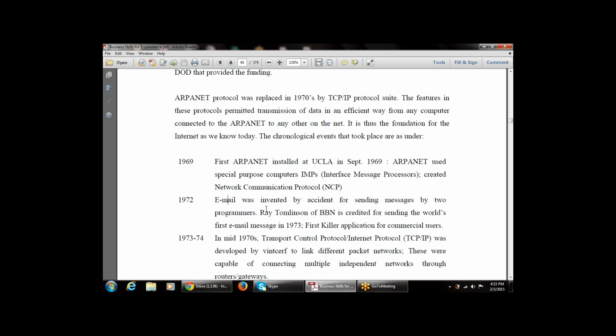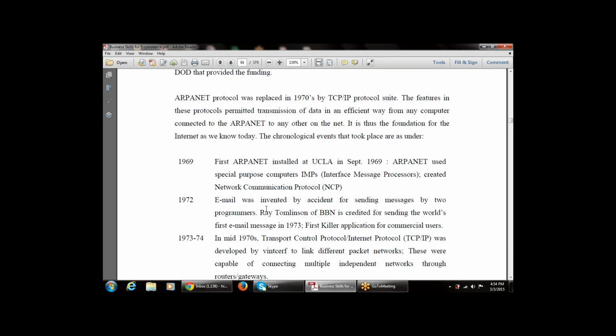After emailing, in 1973 or 1974, a new protocol suite was developed, TCP/IP, Transmission Control Protocol and Internet Protocol. It was developed by Vint Cerf to link different packet networks.